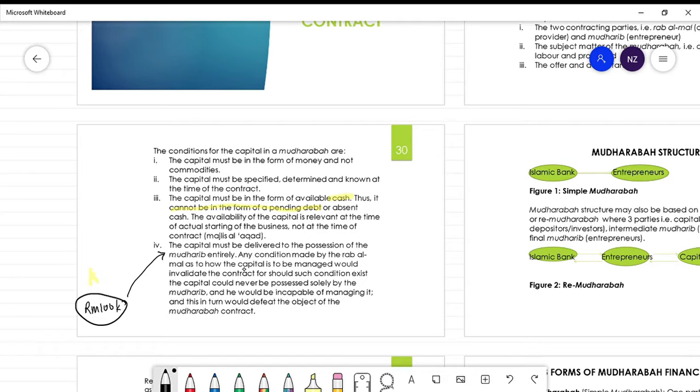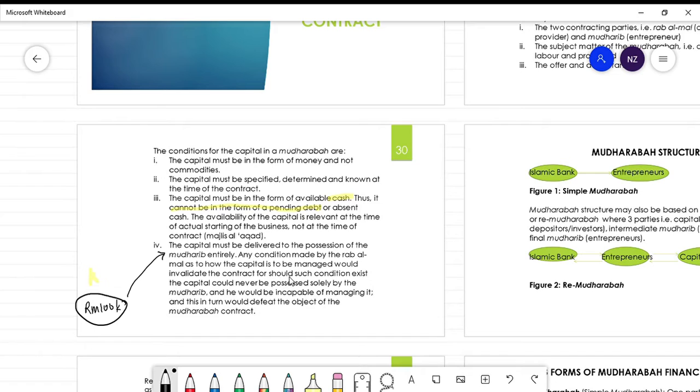So the Mudharib akan terima full lah 100k tu. Dia tak boleh macam okay 50k aku bagi dulu, 50k kemudian, tak boleh. Dia mesti kena, bila dia katakan dia dah specific and determine 100k, so 100k lah kena bagi to the Mudharib. So dia kata any condition made by the Rab-ul-Mal as to how the capital is to be managed would invalidate the contract.